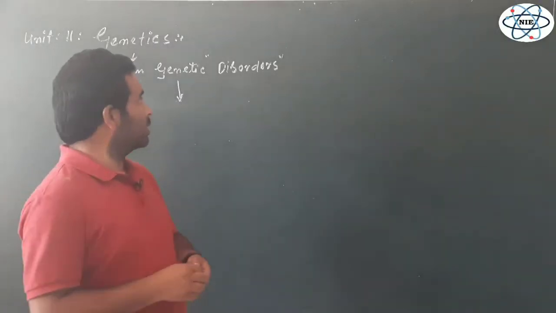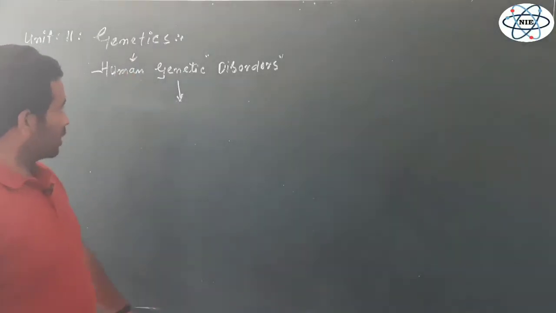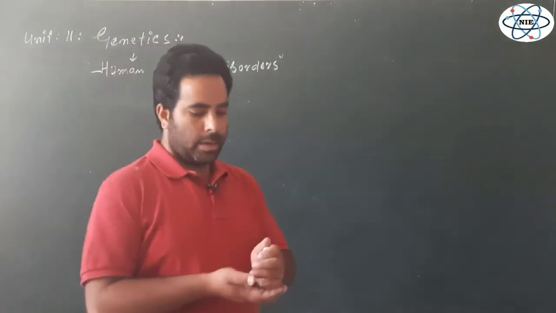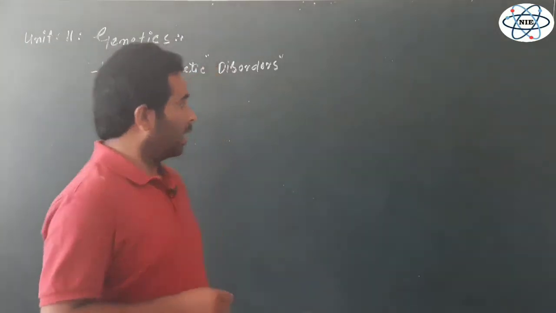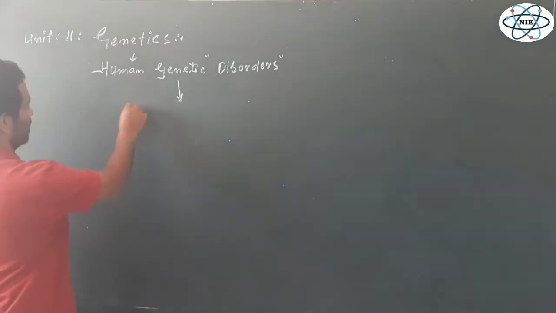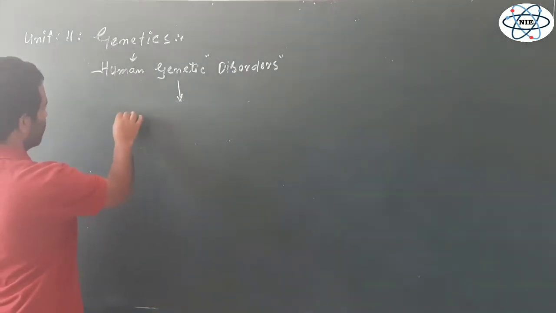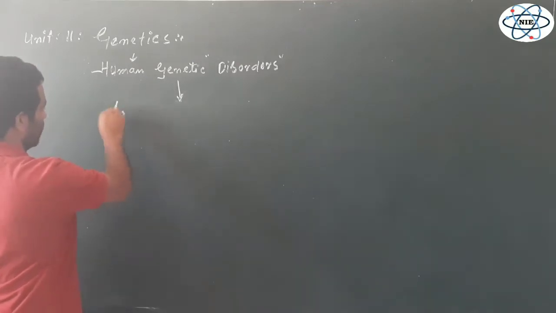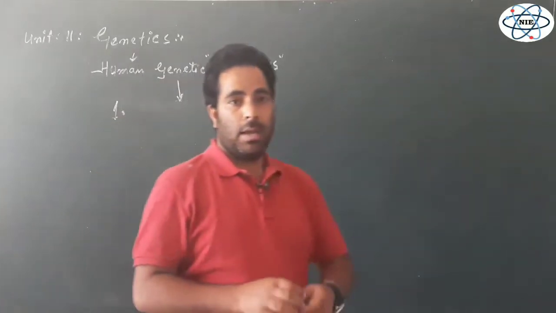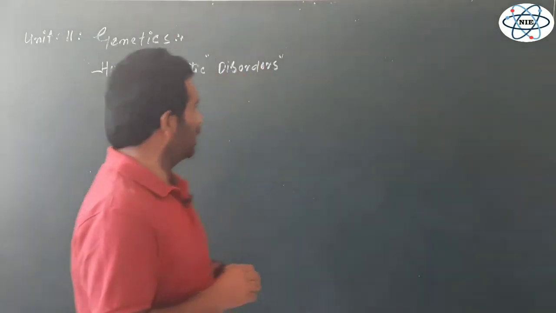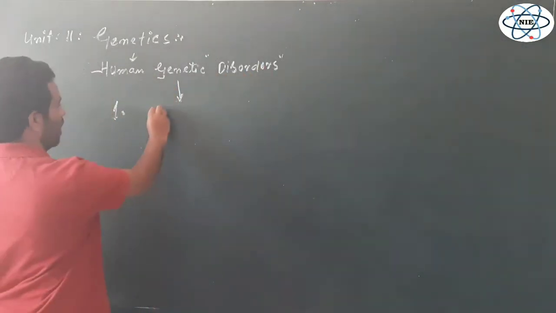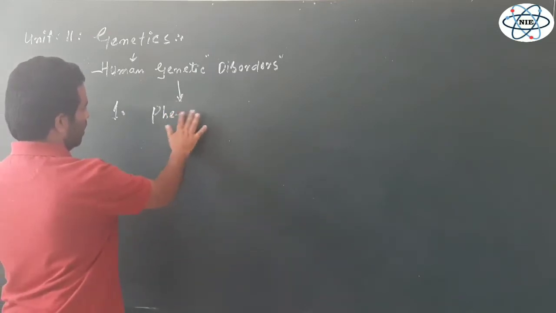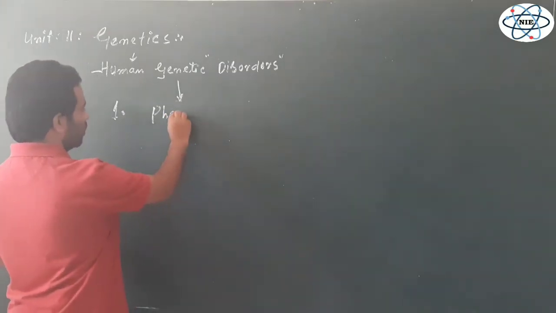Okay students, in this video we are going to start one more part of genetics, that's human genetic disorders. And in human genetic disorders I would like to start with an example of an autosomal recessive disorder, and the first example I would like to give is phenylketonuria.